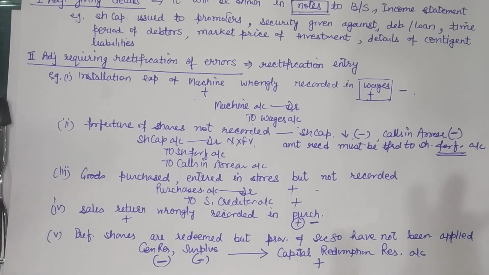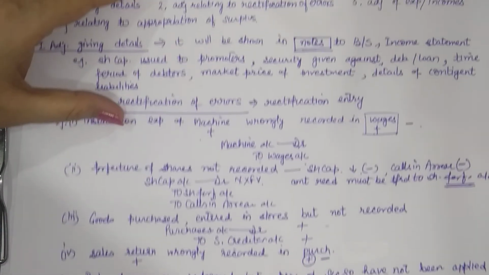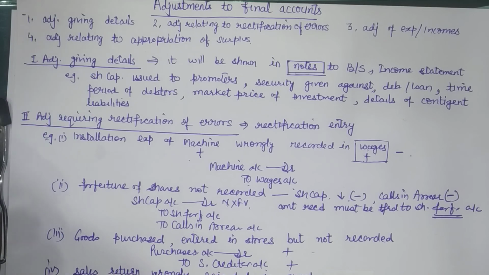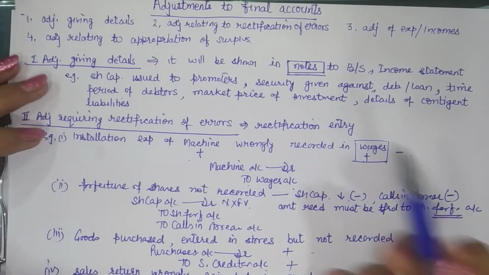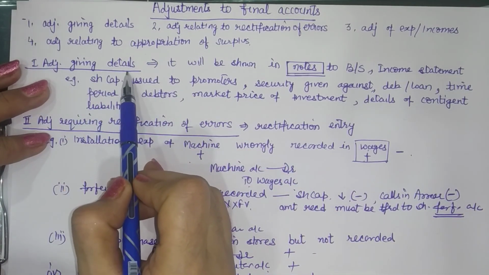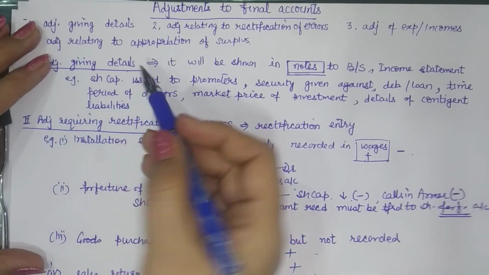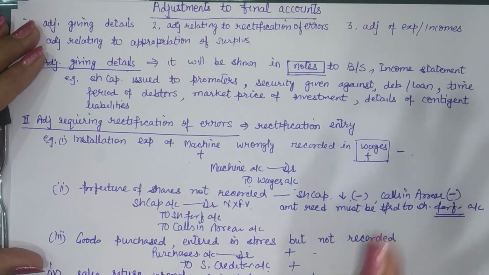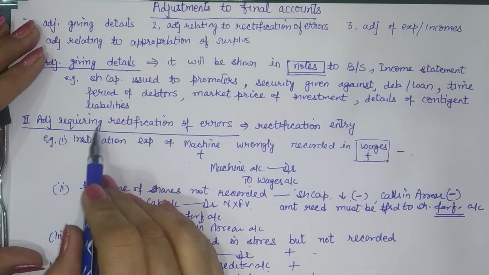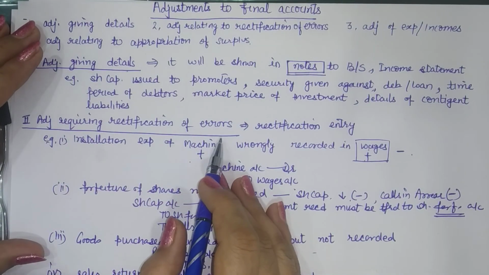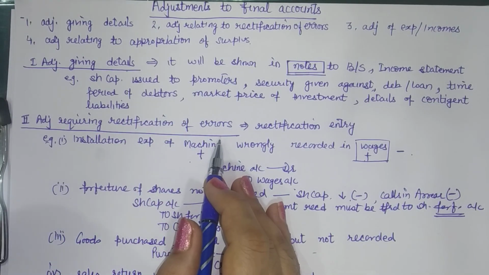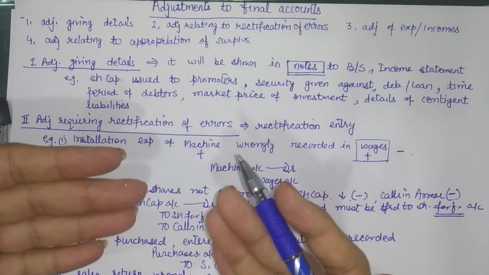So when we are reading the adjustments, we are to see what type of adjustment this is, and accordingly we will work for this. If it is just a detail, no need to worry, simply put it in the notes to balance sheet. If it is an adjustment requiring rectification of the error, then think of the rectification entry or think of the effect.